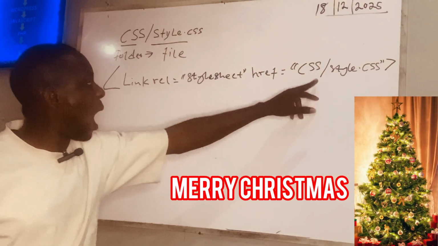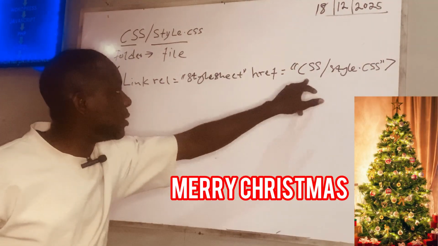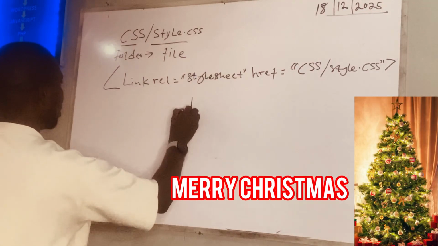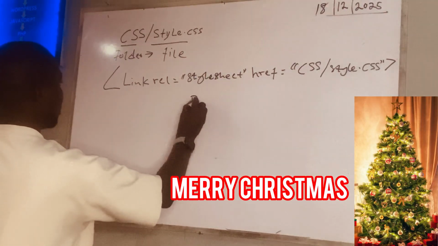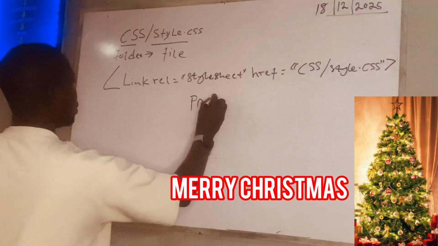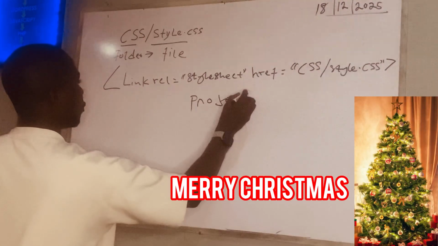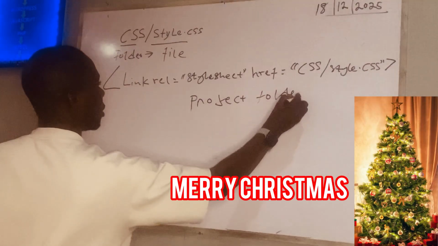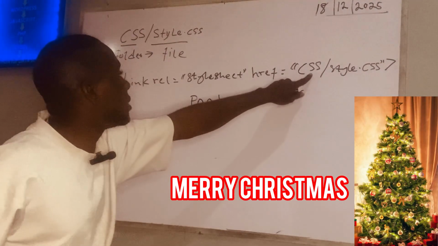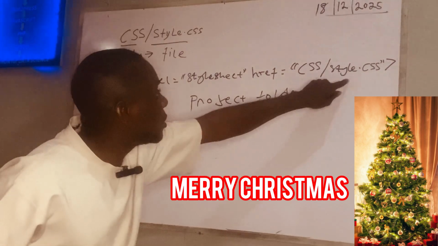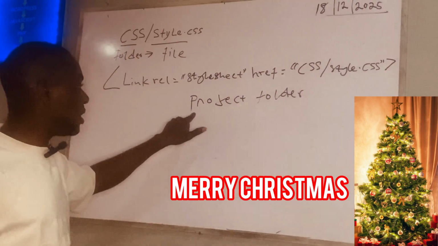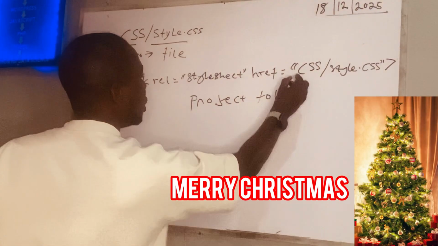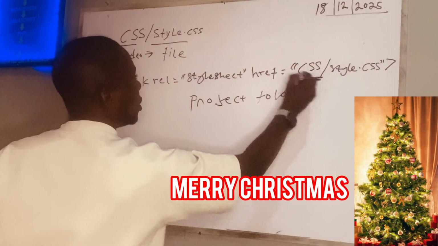They don't know how to include this and this. If you have your project folder here, and your style.css is directly inside this root folder, you don't need to include the css folder again.